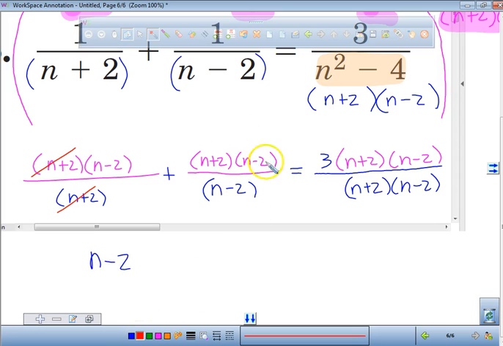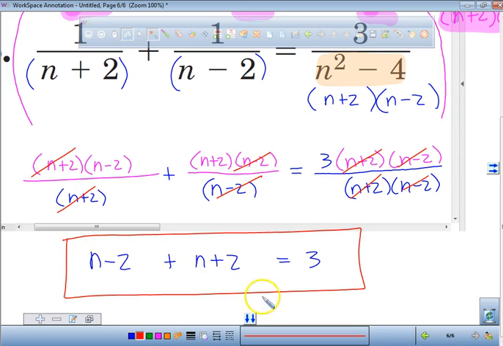Let's see, what's going to cancel out right here? N minus 2's cancel out. And what are you left with? You're left with n plus 2 equals 3. Why is it just equal to 3? Because everything cancels out. So right now, this is not your answer, but could you write that in your journal and put a box around it?